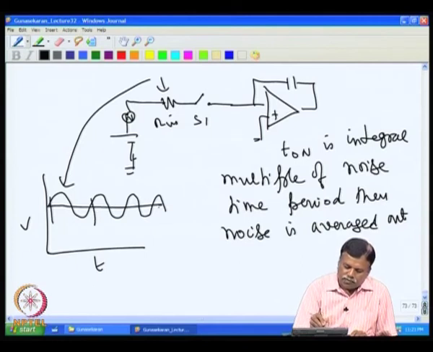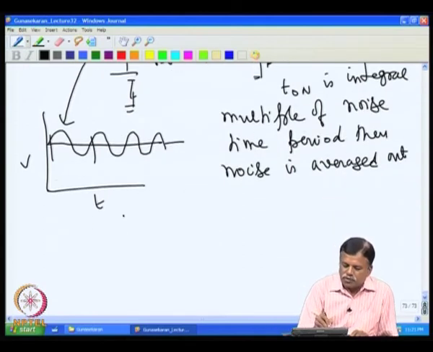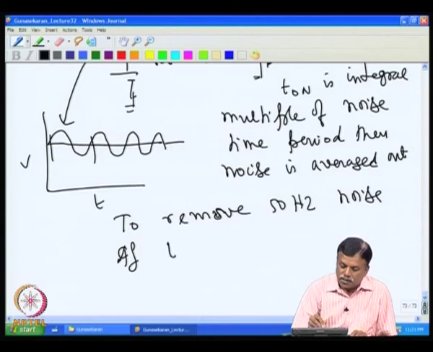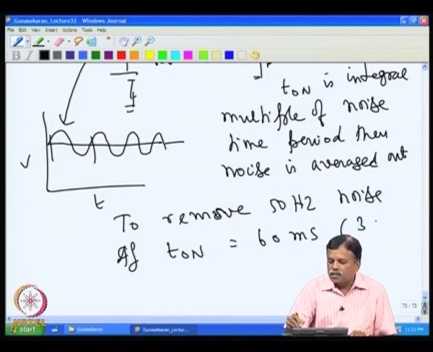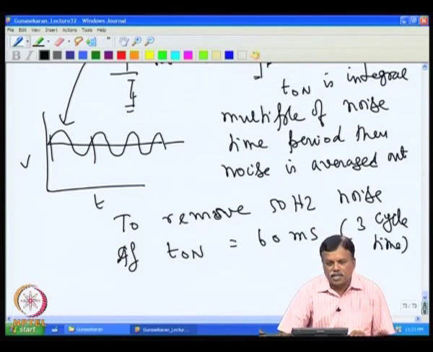If I make the on time T on a few cycles, say to remove 50 hertz noise, if T on is equal to 60 milliseconds, that is 3 cycle time, because T on is fixed, so I can fix the time.